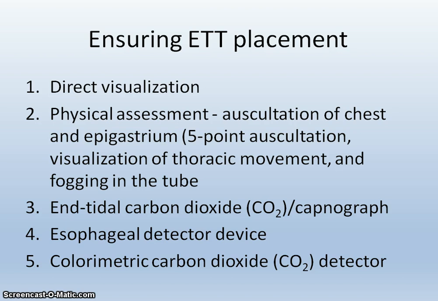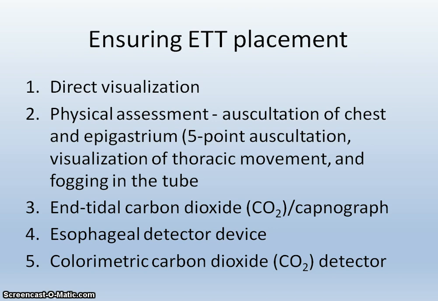There are several ways to confirm the ETT placement. One is direct visualization, where you can see the tube really passing through the vocal cord. The other is a 5-point auscultation, where we auscultate at 5 different points on the chest and also the epigastrium to see whether the tube is going in.